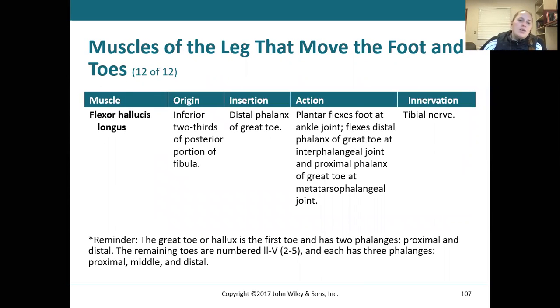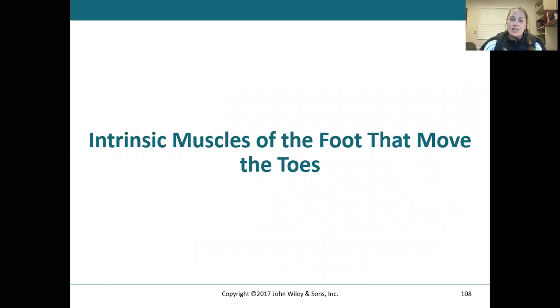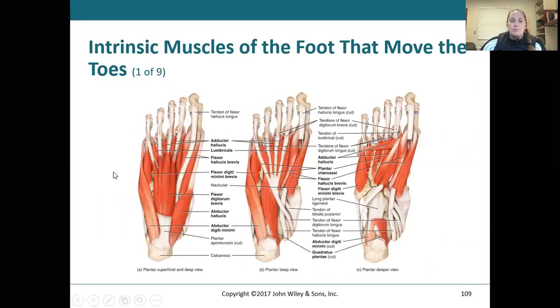And the flexor hallucis longus plantar flexes the foot at the ankle joint, flexes the distal phalanx of the great toe at the interphalangeal joint, and the proximal phalanx of the great toe at the metatarsophalangeal joint. Again, the innervation here is via the tibial nerve. So you'll recognize this pattern of innervation.